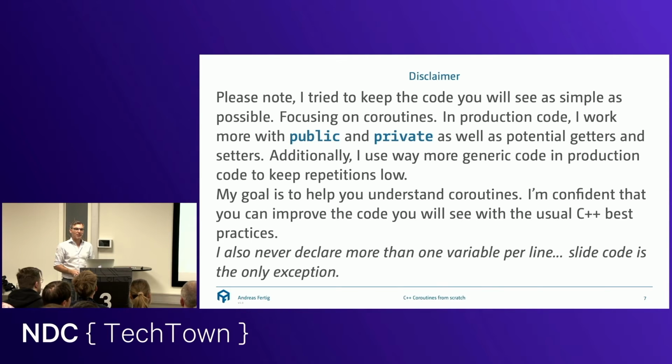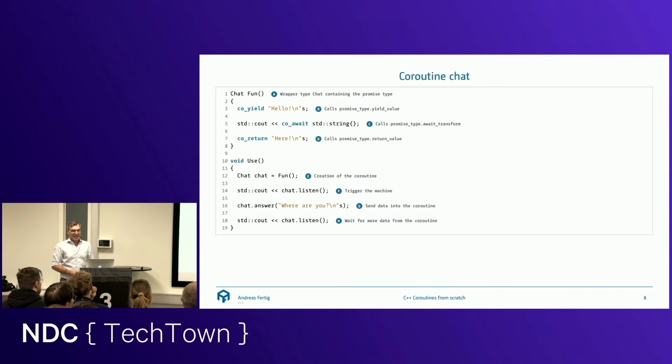I also never declare more than one variable per line. I teach that, I do that, believe me. This presentation actually is the only exception so far I know of, and the other instances I gave that talk. Once again, constraints in screen space. So I apologize for that. But now let's look at a coroutine, C++.